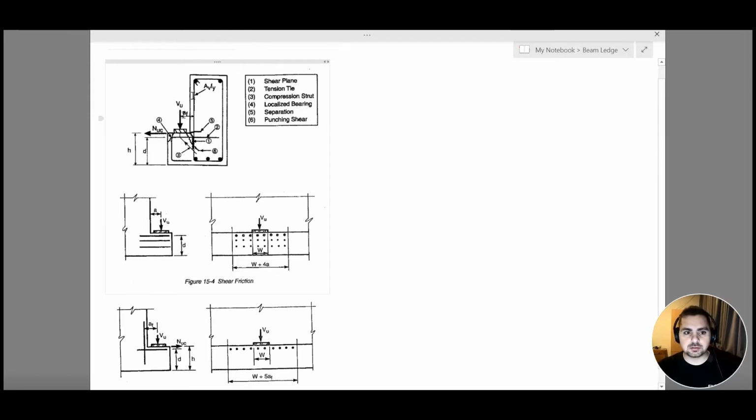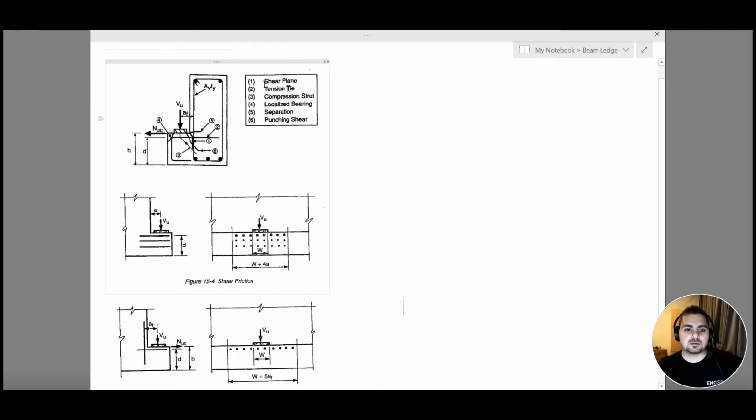We said before, we have a shear force that is being applied, and this shear force has to be transferred from my ledge to my beam or to my column.